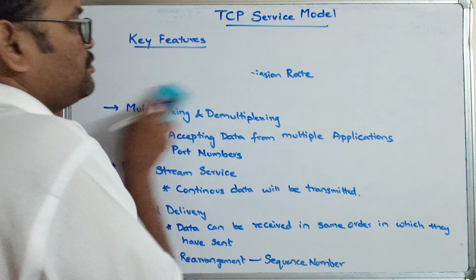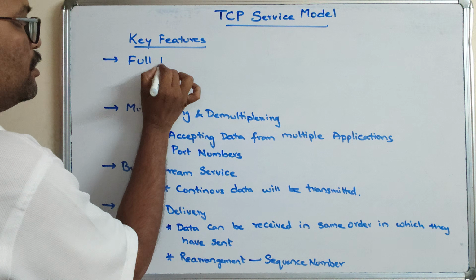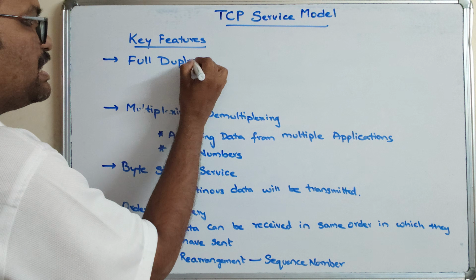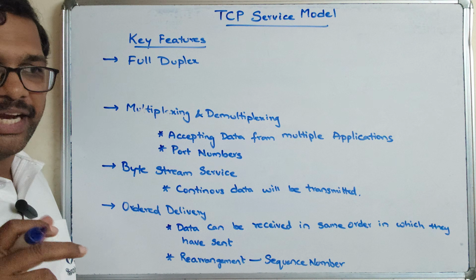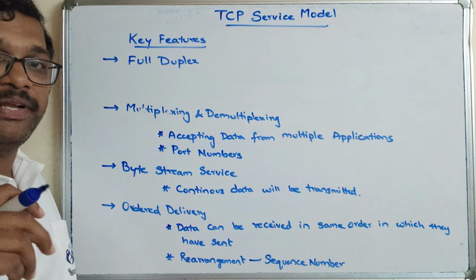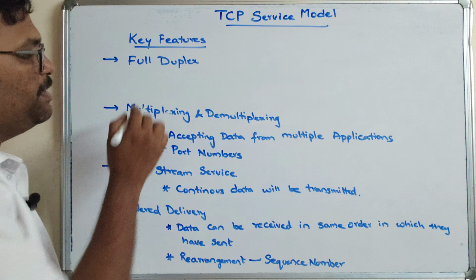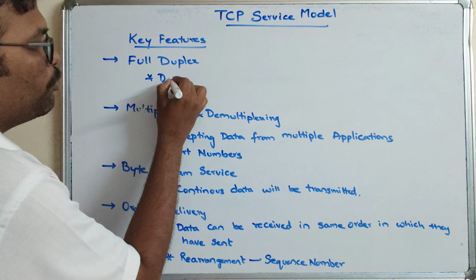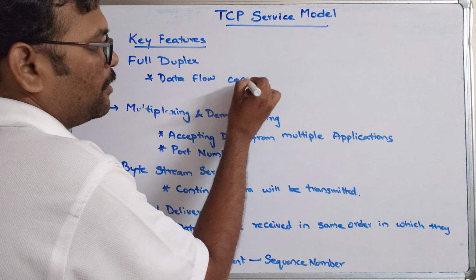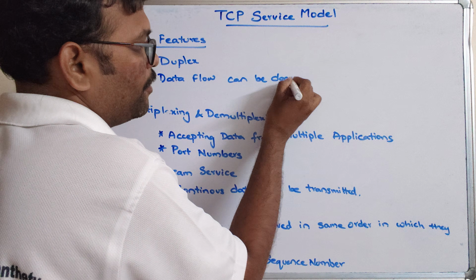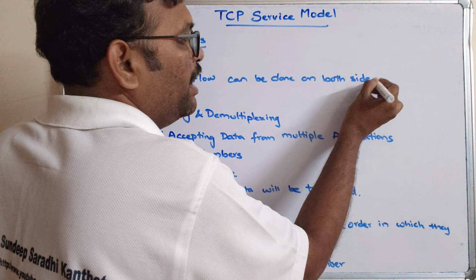Next, full duplex. In our earlier sessions of computer networks, we have studied the modes of data communication, that is half duplex and full duplex, right? Here full duplex means the data flow can be done on both sides, that is sender and receiver.